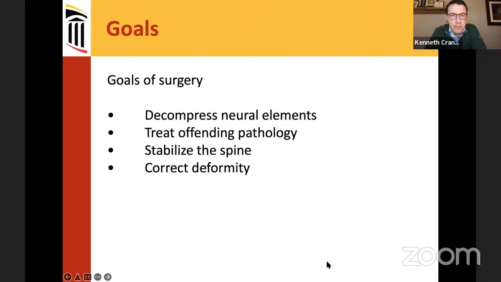And perhaps the goal should be less aggressive in correcting a significant deformity in an elderly person with poor bone quality compared to a younger person who's relatively healthy, who can tolerate some of these procedures that we need to do in order to correct a significant deformity.